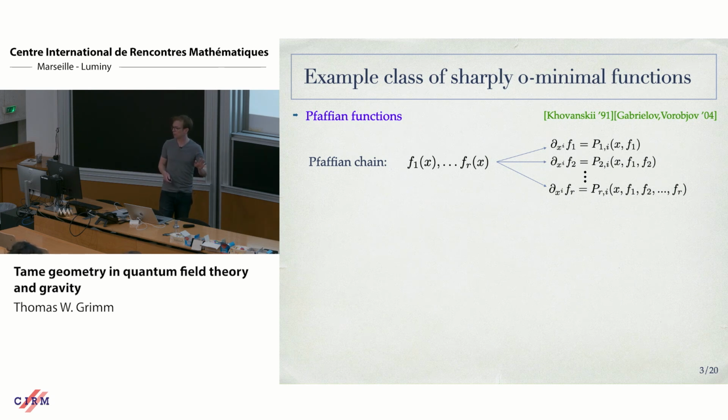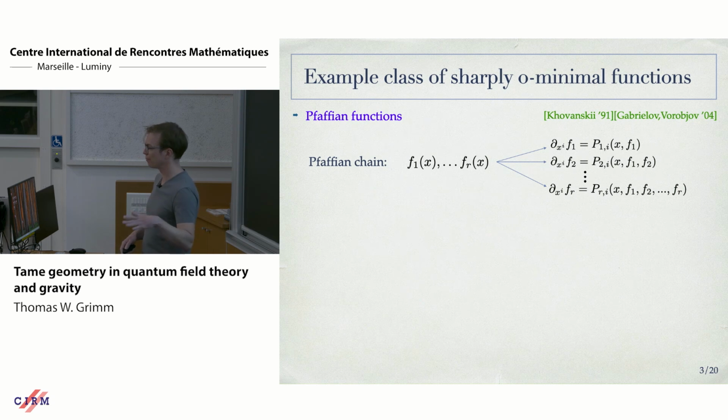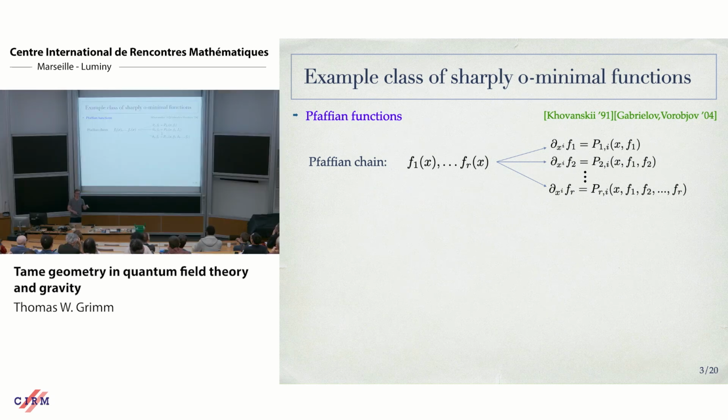That's very important for this discussion. What is also very important is that on the right-hand side there is some sort of triangular structure. Essentially, when it comes to, for example, the zeros, these Pfaffian functions behave similar to polynomials. Namely, one can establish specific bounds.